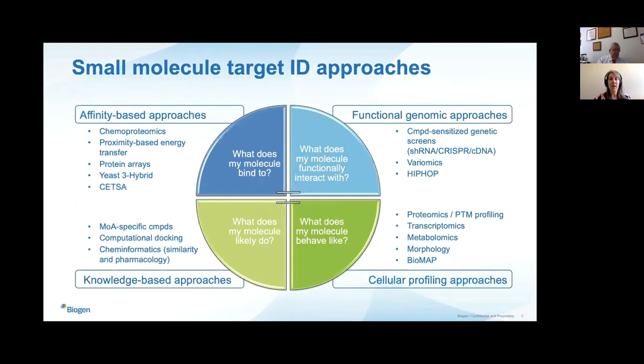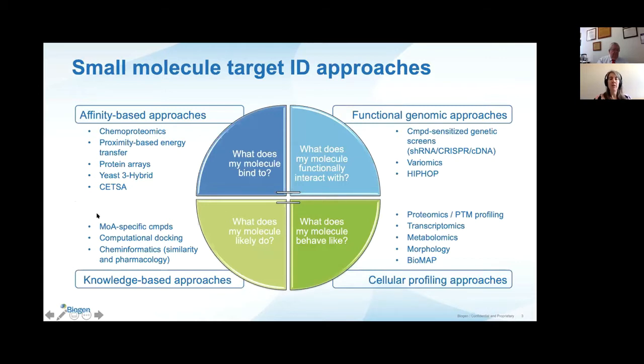So as I was saying, we're really interested in trying to understand what our small molecules are targeting. And there are a lot of different tools out there. One that my lab uses a lot is chemoproteomics, and that's a real workhorse for us. But that's not always applicable, especially when you can't make a good photoaffinity probe with sufficient affinity and efficacy.